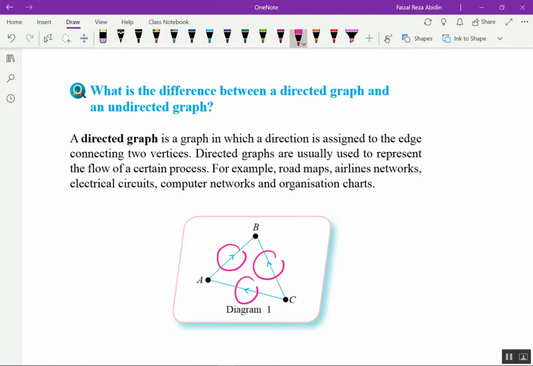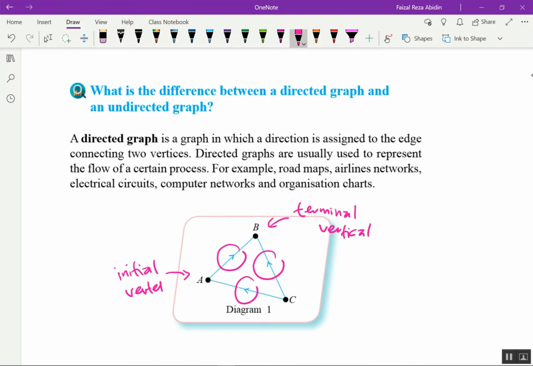If you look carefully, for the edge AB, A is the initial vertex. Meanwhile, B is our terminal vertex. So we start from A to B.